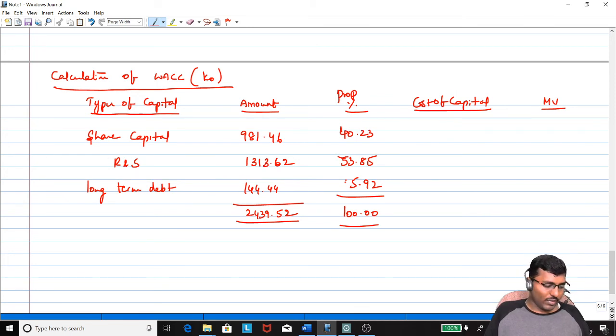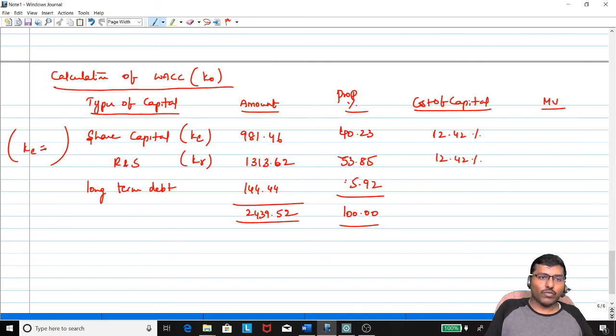Now cost of capital, share capital. What is the cost of capital? Cost of equity is 12.42%. So it will be 12.42% for share capital. Reserves and surplus also, if there is lack of information, this is KE and this is KR. So when there is no information, cost of equity will be equal to cost of retained earnings. Long term debt, as you know, it is 6.53% that has been given.